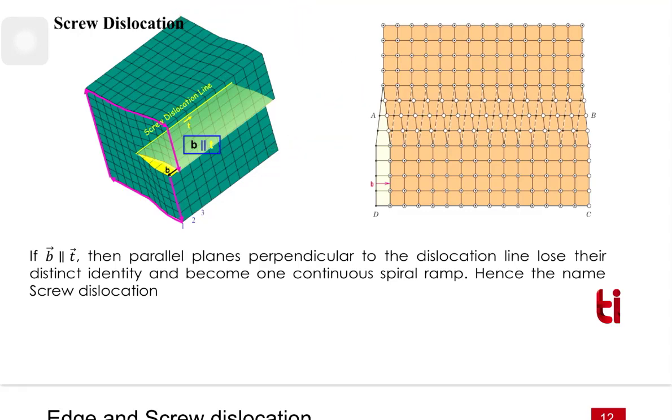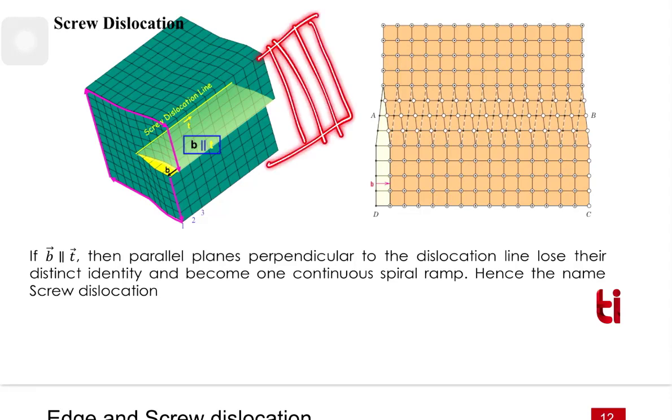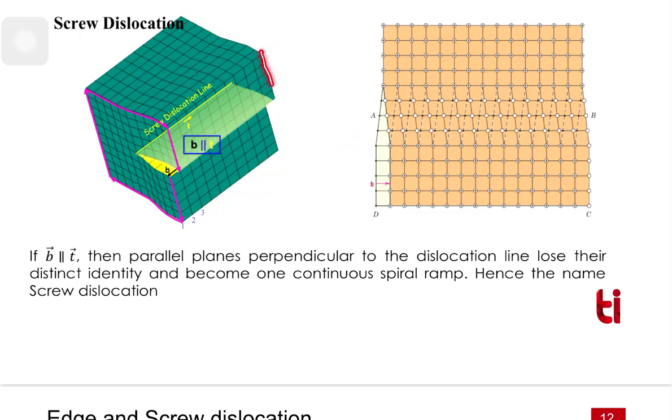This crystal will be up to here. So you will see this is a kind of extra half plane here. So you created a screw dislocation. See, planes are like this. What I mean to say is, like this crystal is further extended. So this will remain as an extra half plane in that crystal. So you can say one screw dislocation is also creating one edge dislocation.